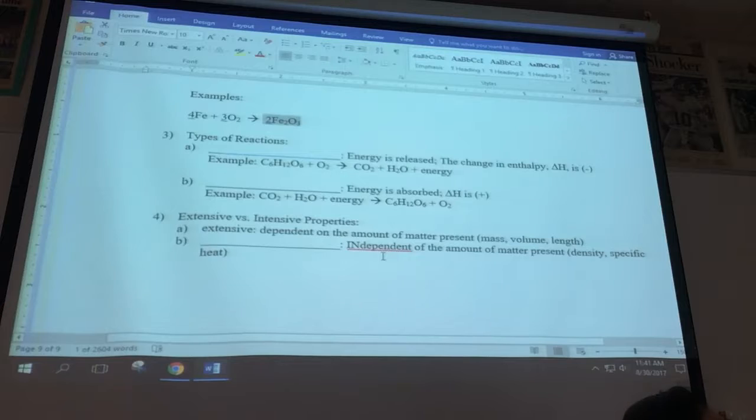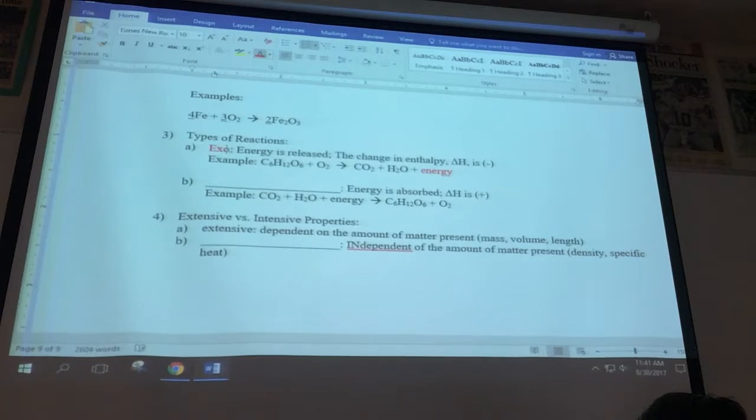What you also can see in some reactions is that heat or energy can be released or absorbed. When you look at the combustion of glucose in a reaction known as cellular respiration, you will see that energy is listed on the product side of the reaction. When energy is on the product side, energy is being released, and this reaction is exothermic.